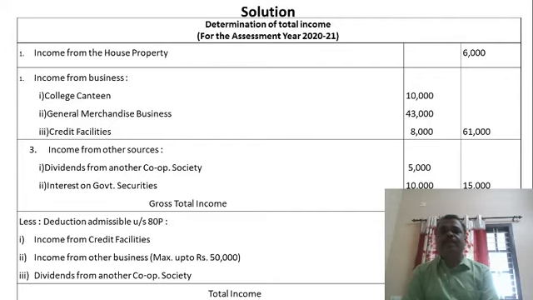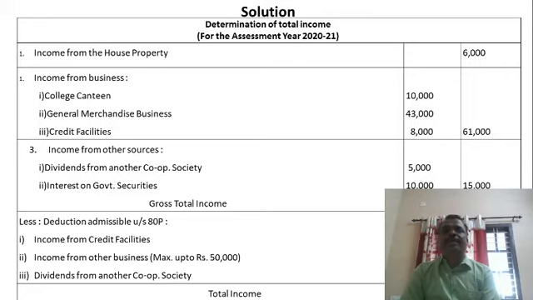Interest on government security also 10,000. So total income under income from other sources is 15,000. Add income from house property 6,000, income from business 61,000, income from other sources 15,000. So after adding all these three items, you will get gross total income 82,000.